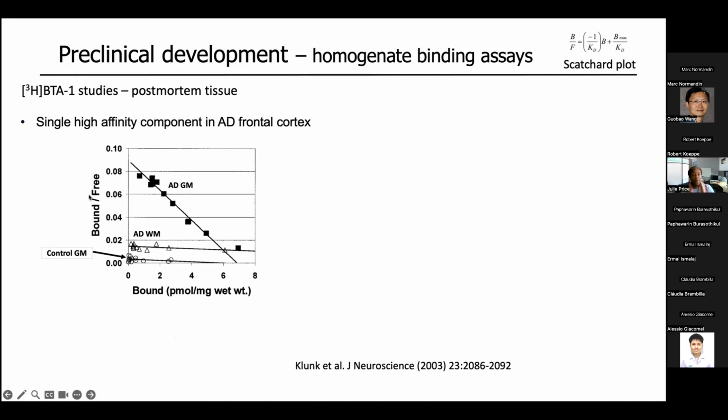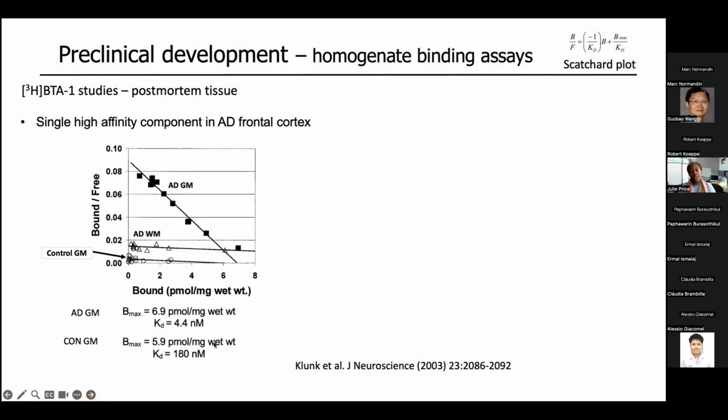And here again is bound over free versus bound, and that's referred to as a Scatchard plot. And this would be an example of a very high affinity binding site measured in AD gray matter, where the slope here is quite large, reflecting a highly, tightly bound radiotracer. But then if you look at AD white matter and control gray matter, there's very little evidence. It's just evidence of almost a zero slope and non-specific binding.